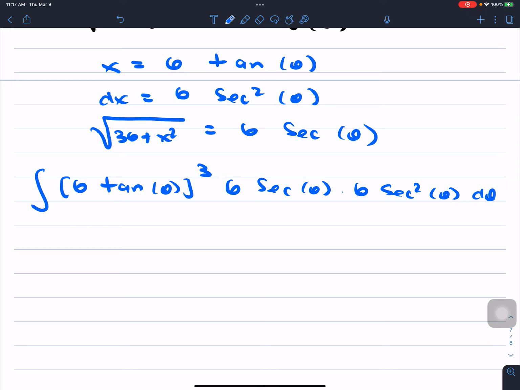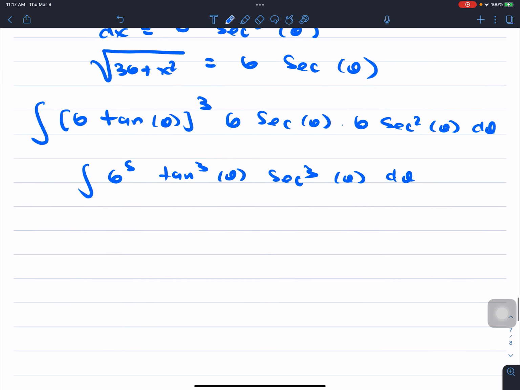So what do you end up getting, ladies and gentlemen? Double check. Isn't your constant going to be 6 to the 5th power, tangent cube theta, secant cube theta d theta?